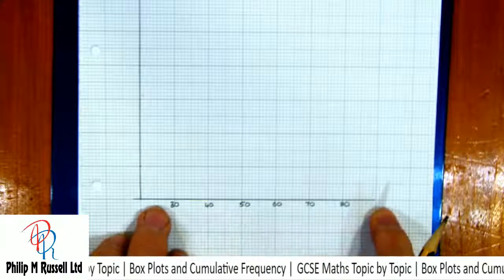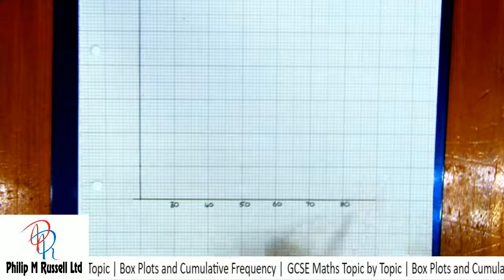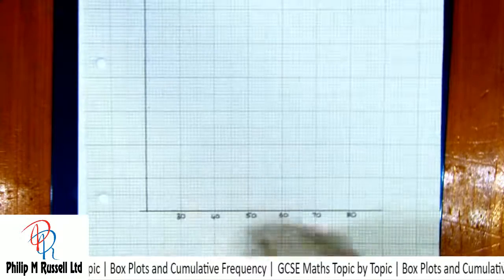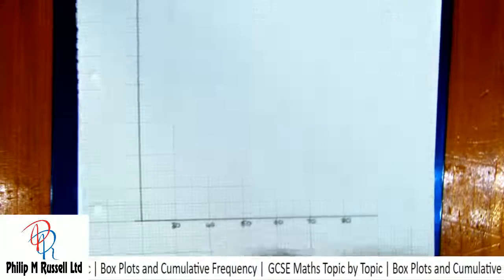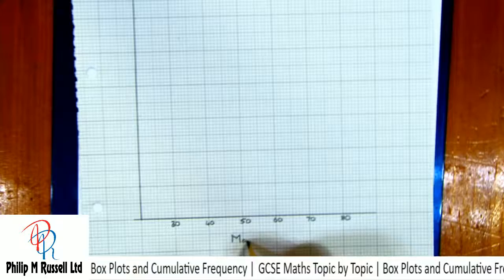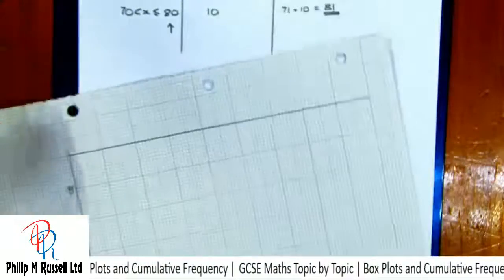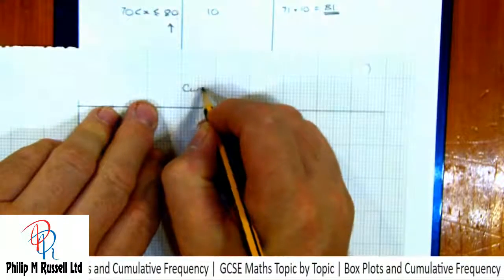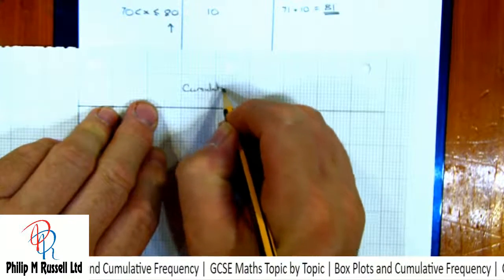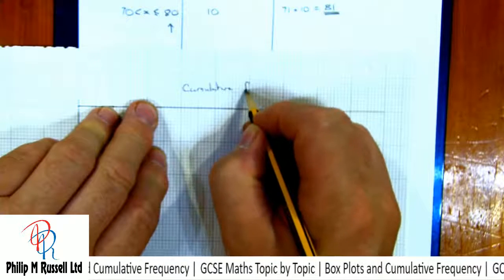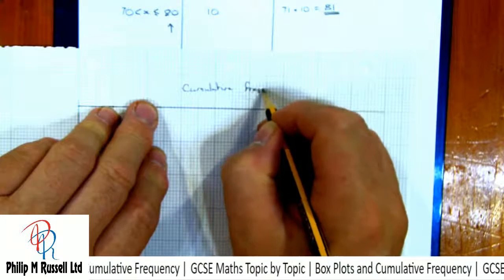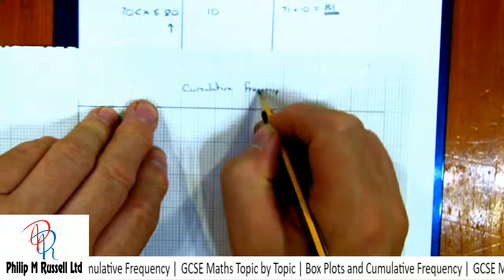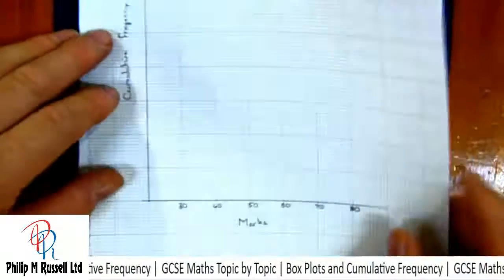I've got a good spread across from my graph, and then going up, this is here our marks, and what we've got on here is the cumulative frequency. And let's put in our cumulative frequency.